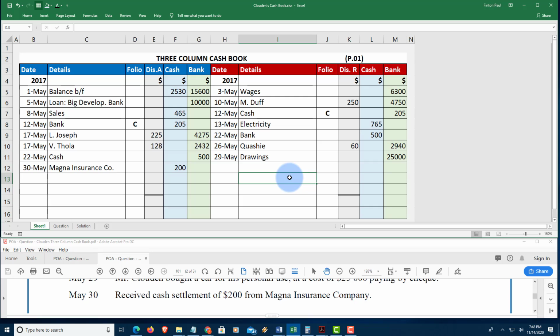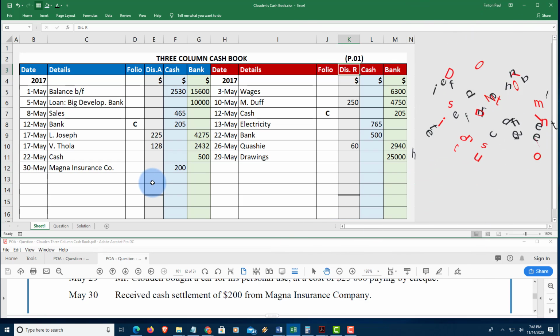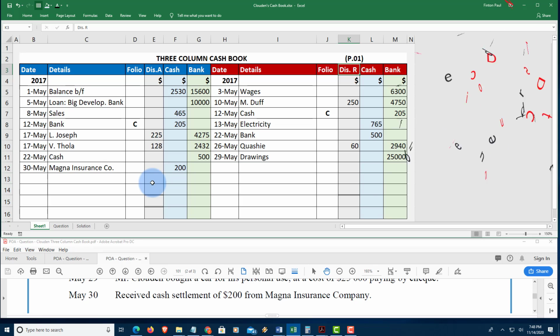Alright, we're about to balance the cash book. But first, let's just pay attention to the discounts. Now we have on the left side, discount allowed. On the right, we have discounts received. Now these two columns, they are not part of the same account. As a result, when balancing, you just find the total of each column separately.